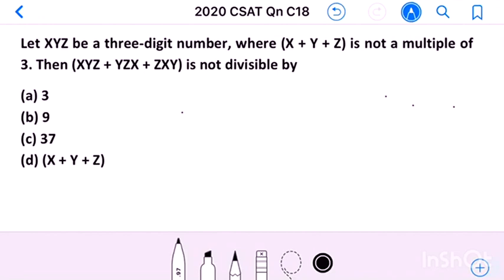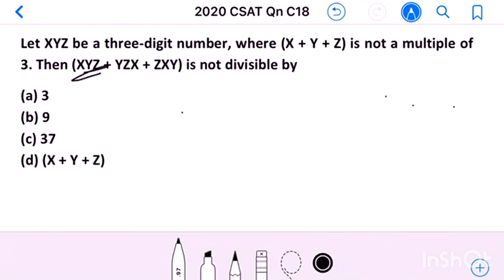Question number 18. Let x, y, z be a 3-digit number where x plus y plus z is not a multiple of 3. Then xyz plus yzx plus zxy is not divisible by which number? Here xyz is a 3-digit number.